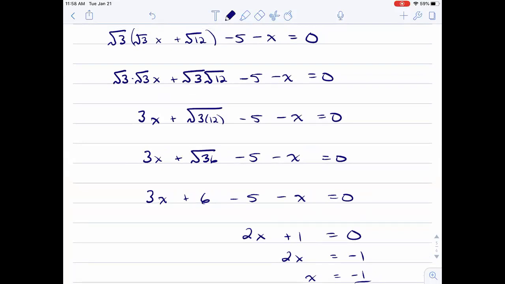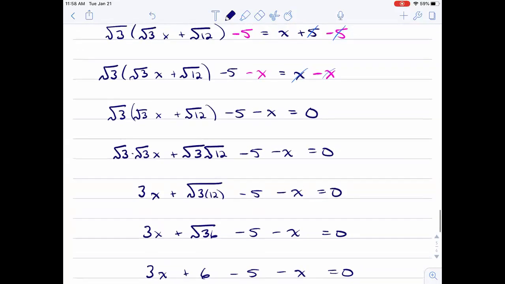Yeah, as long as, so here, we could have rewritten root 12 as the root of 4 times 3, right? And then we could have split that root. The square root of 4 we know is 2. Square root of 3 we don't know, but we just leave it as root 3.